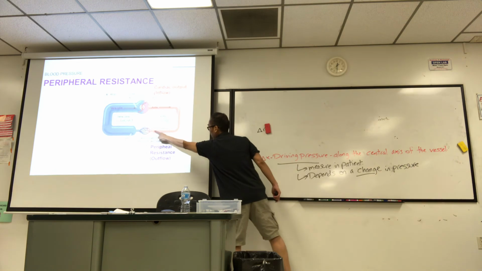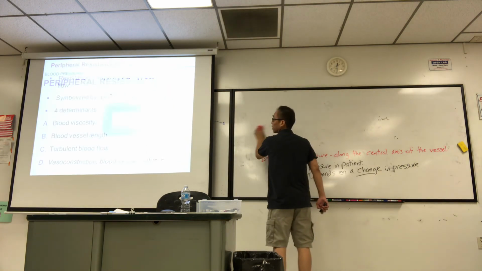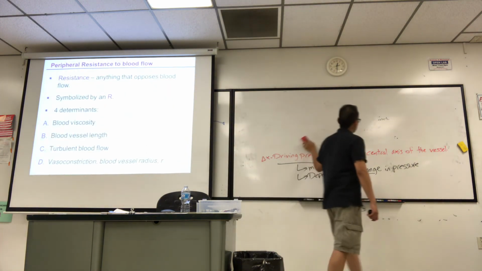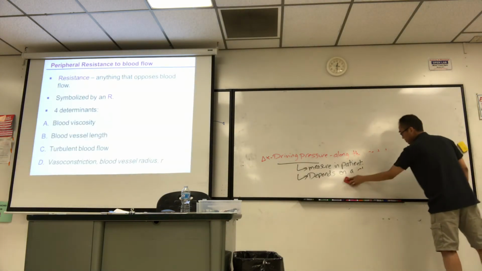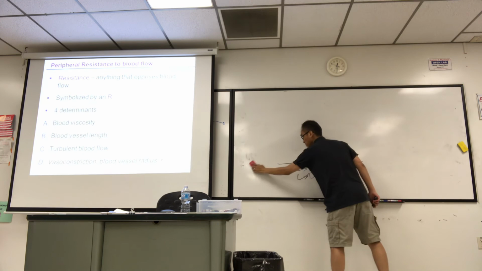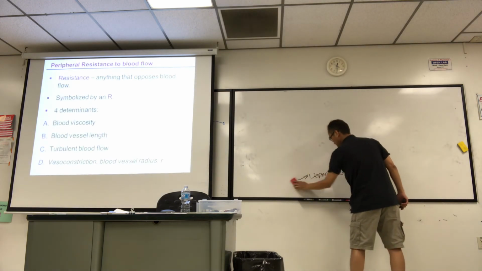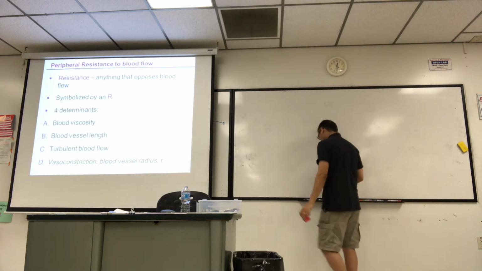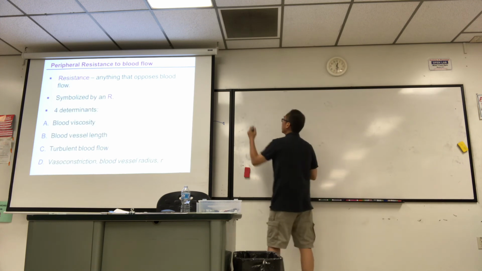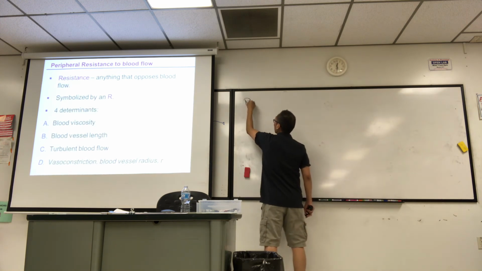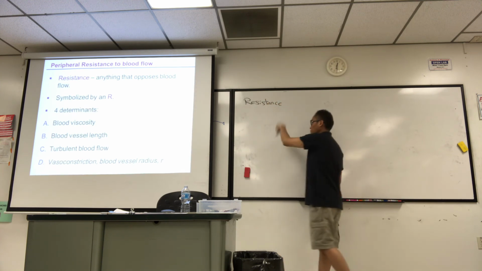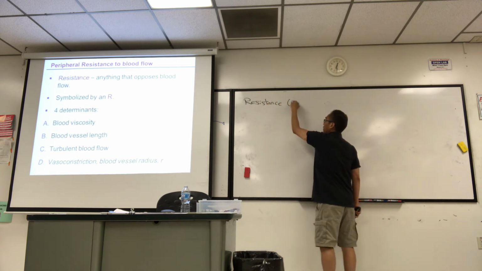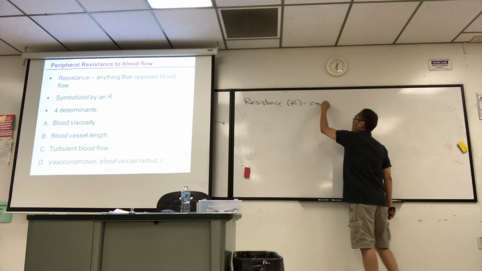Right here. Sometimes I drop the peripheral, I'll just call it resistance, capital R. This controls the outflow of blood.